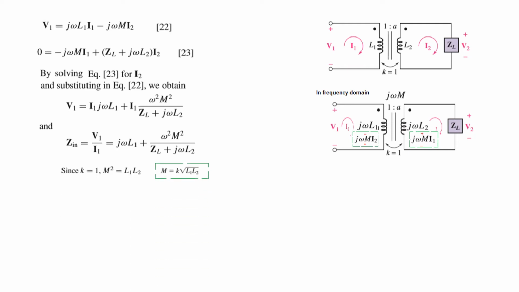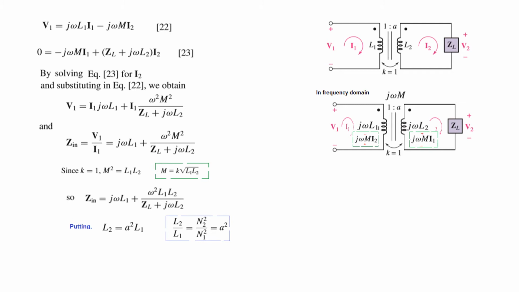And now we have discussed that M should be equal to K times the square root of L1 L2, and also we have mentioned that K is equal to 1. So putting that, we get M square is equal to L1 L2. So we put that value now here for M. This is the value.